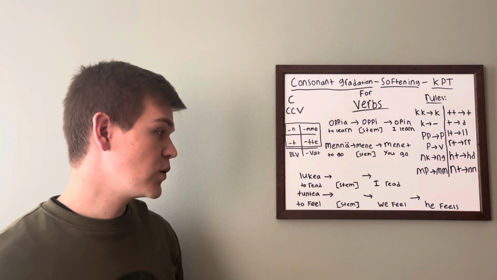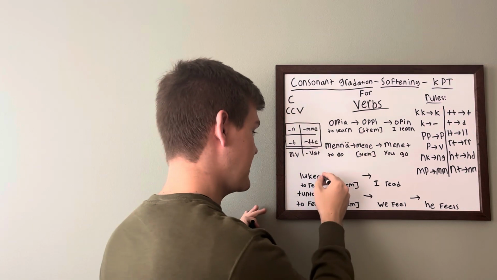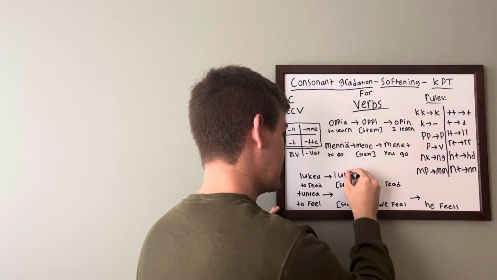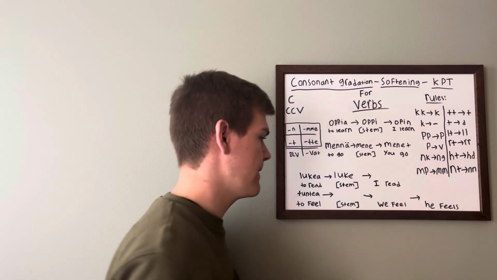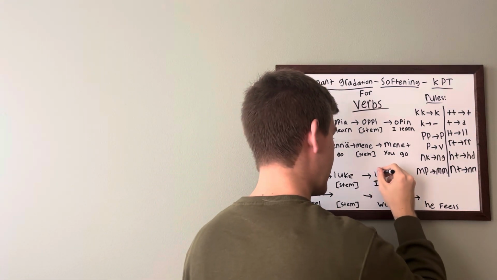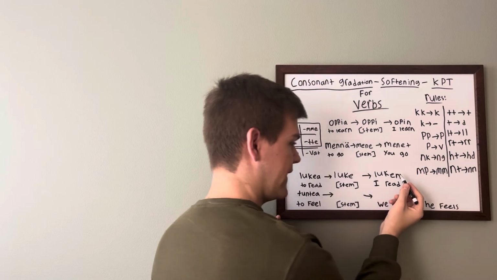This next one, lukea, to read. This one's, again, a vowel A, so we'll get rid of the A. Our stem is luke. Now, if we want to add the N, we can temporarily have it like that.